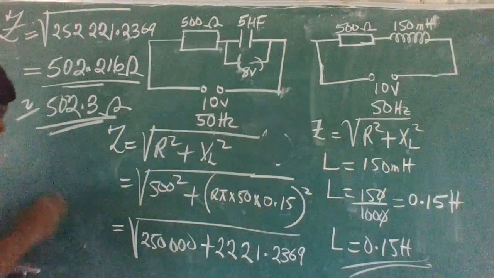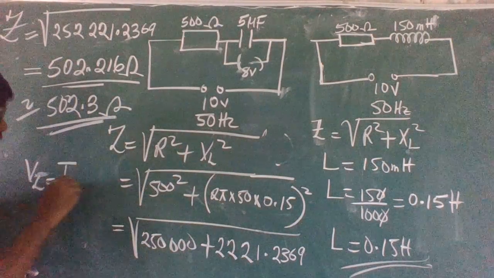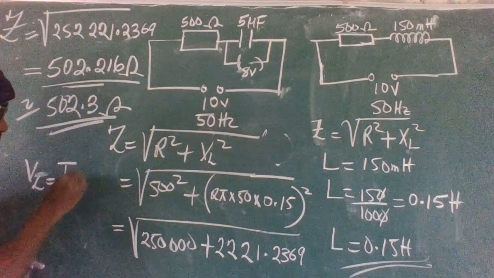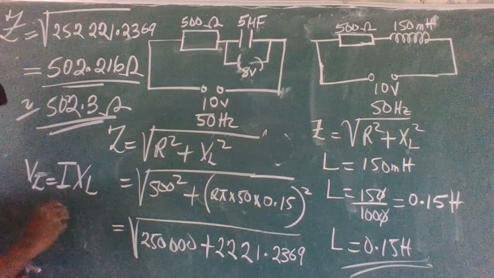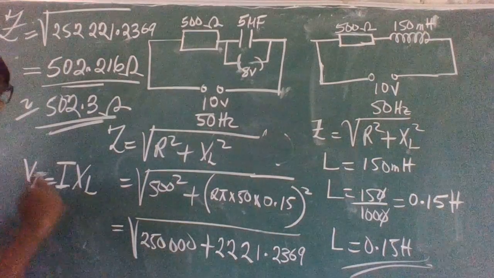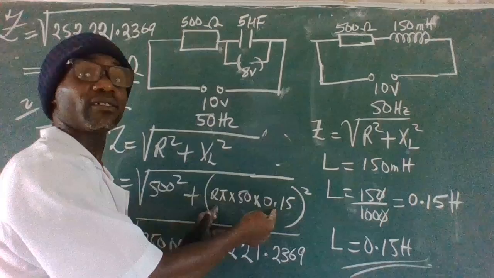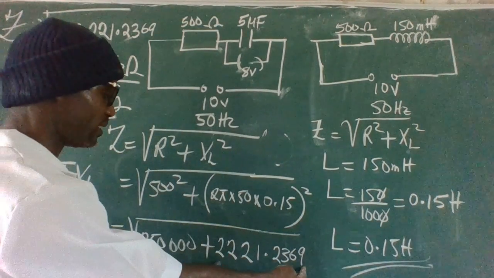So the inductive voltage is going to be found using VL equals the current flowing in the circuit, times XL. So what's the value of XL? Very important, because we need to know the value of XL for us to move on. What you need to do is to go back to this. Okay, we already have it here, right?